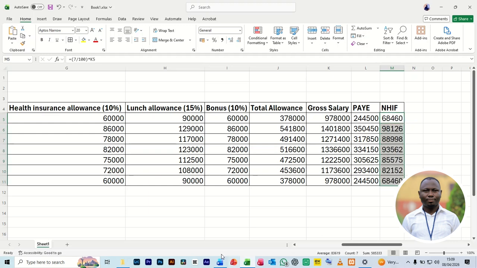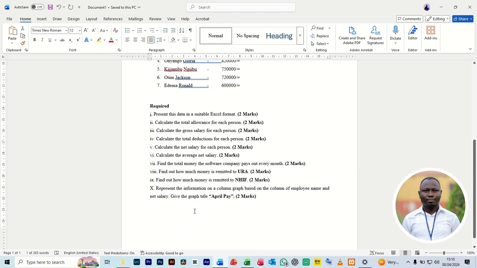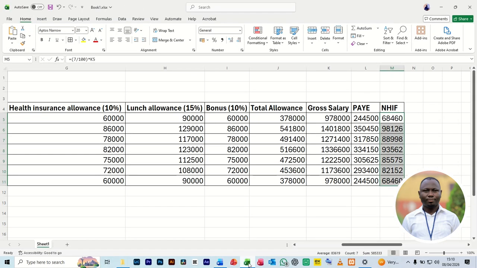But remember, the question that we are trying to answer is: calculate the total deduction of each person. So we are supposed to sum up the payee and NHIF. We are supposed to sum them up because those are the two deductions that we have.